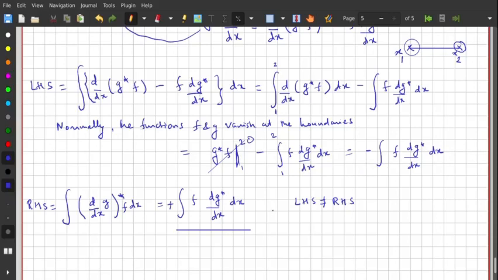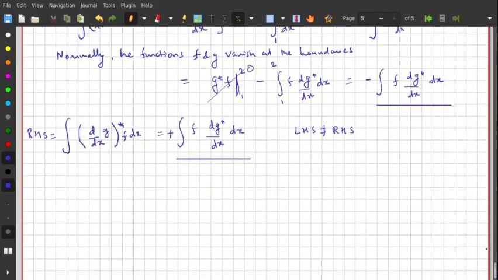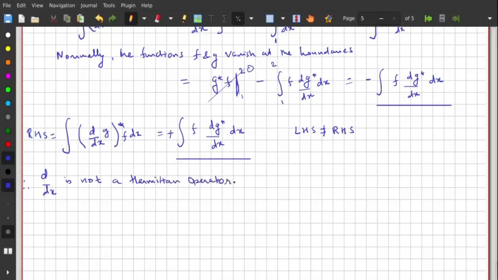The underlying term is the same, but there is a difference in sign. Hence the first derivative operator d/dx is not a Hermitian operator. So therefore we prove that d/dx is not a Hermitian operator.